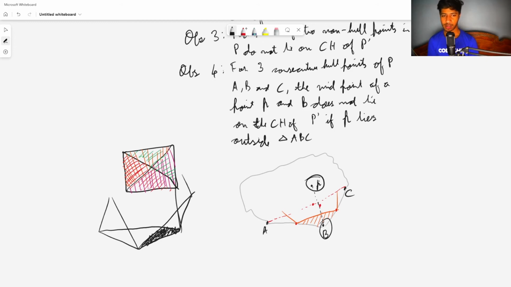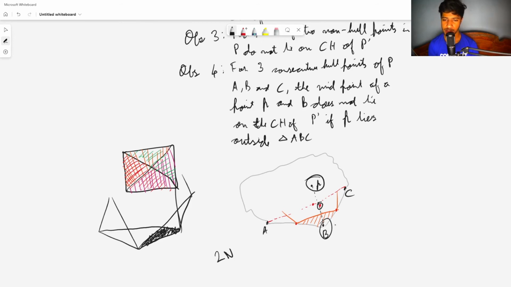So for each p, if it lies in the triangle, then you can say that maybe this lies on the convex hull of P dash. You are not sure, right? So how many such points will you be taking into account? At most 2 into n, right?